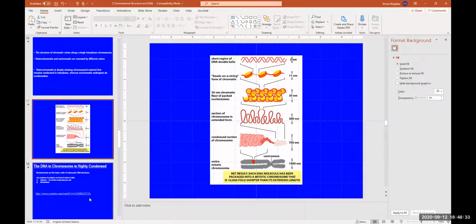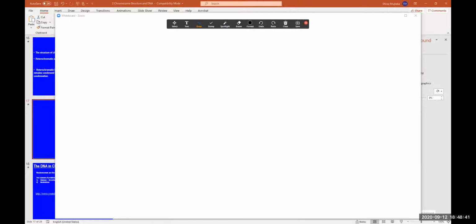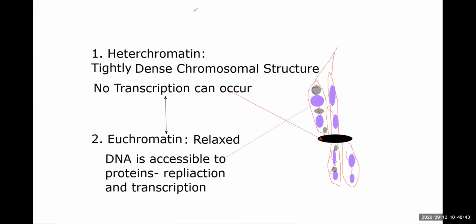So what I'm taking you to now with this slide is that there is a chromosome, and if you zoom in, the building block for a chromosome is a beaded structure. So what do I mean?